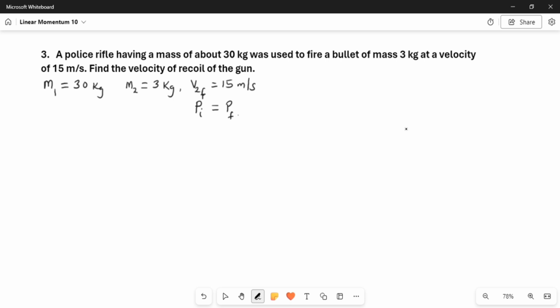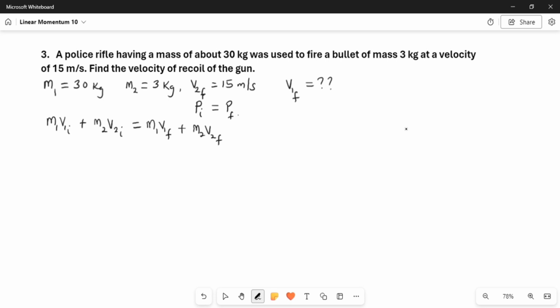So since we are talking about two objects here, we'll say the sum of their initial momentum will be m1 v1I plus m2 v2I is equal to m1 v1F plus m2 v2F. Now, in this problem, we are looking for the velocity of recoil of the gun. The velocity of recoil of the gun is v1F. That's what we are looking for.